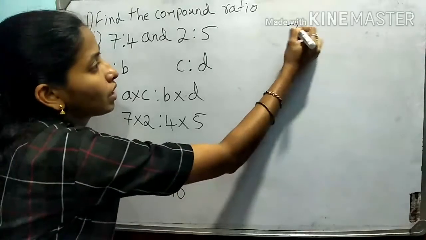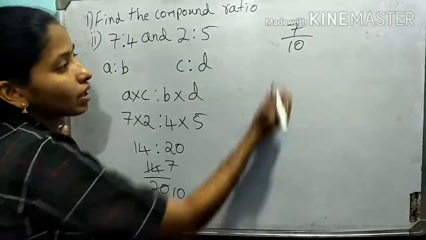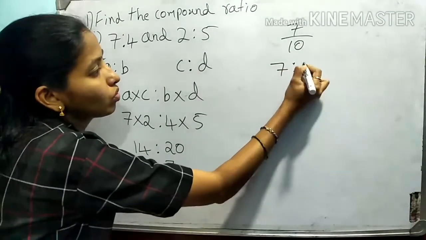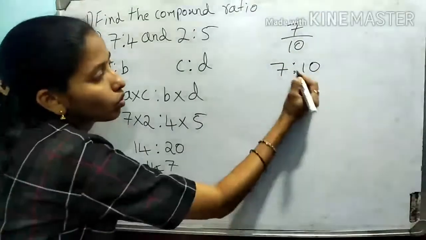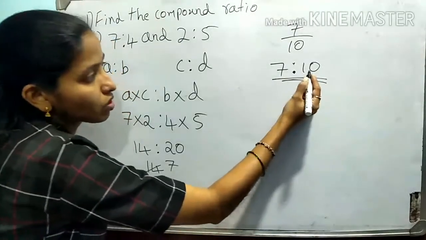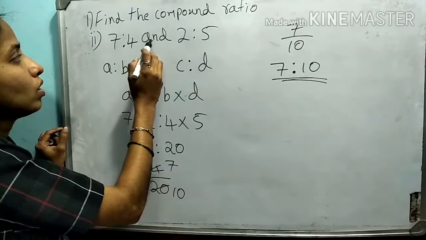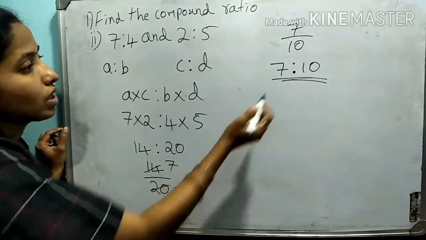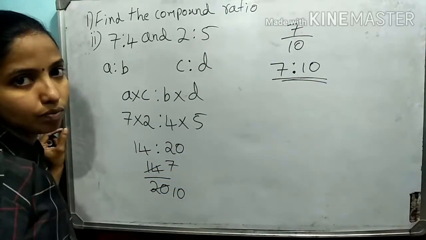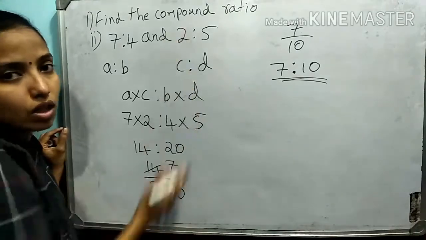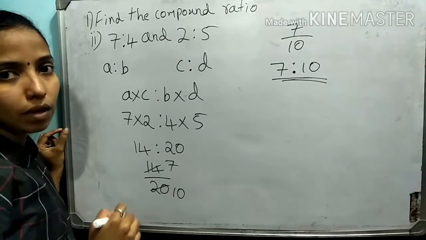So 7 by 10 we can write as 7 is to 10. So the answer is 7 is to 10. Compound ratio of 7 is to 4 and 2 is to 5 is 7 is to 10. So now check your answer. If there is any mistake, please correct it.